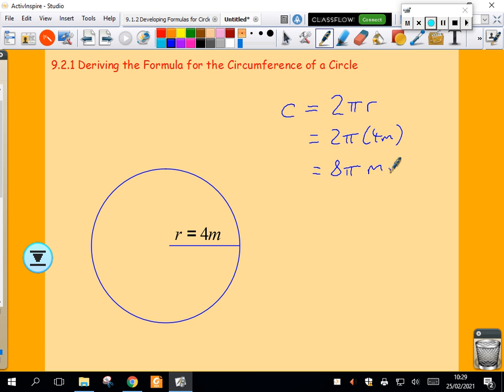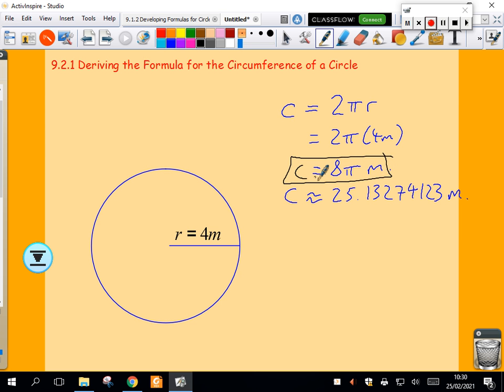If I want to find out an approximation for that, I just plug it into my calculator. 8 pi equals, change it to a decimal, 25.1327413 meters circumference. That's an approximation. The exact answer is there.